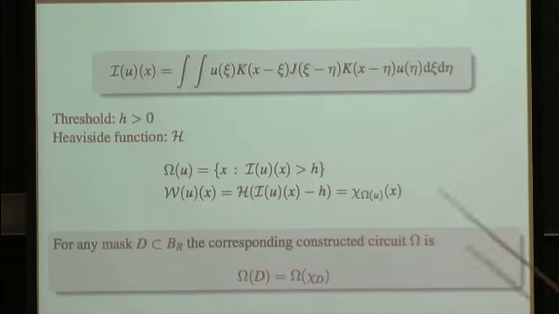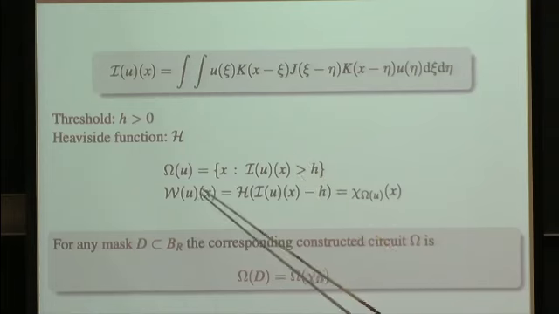And then the idea is, if you have a mask, what you are really able to construct is this circuit, which is omega d, which is omega of the characteristic function of a mask. And I would like this to be as close as possible to the desired circuit.